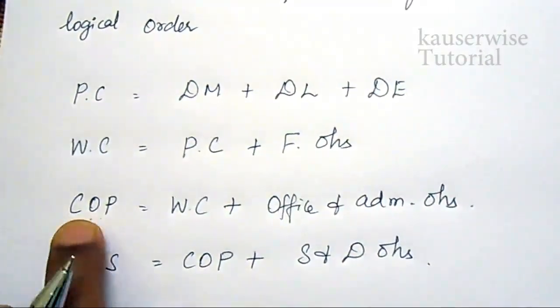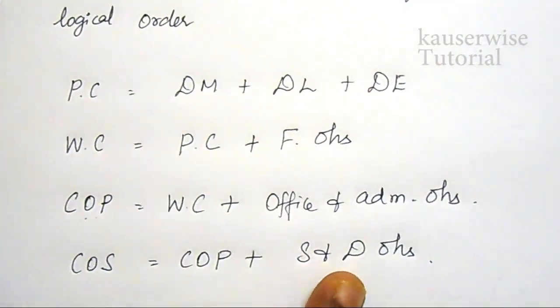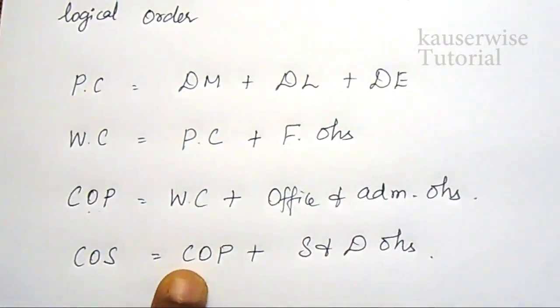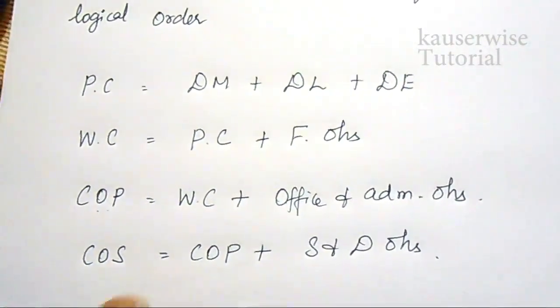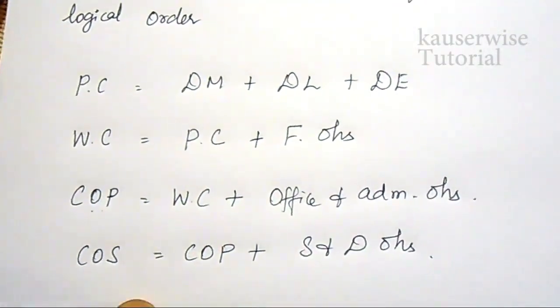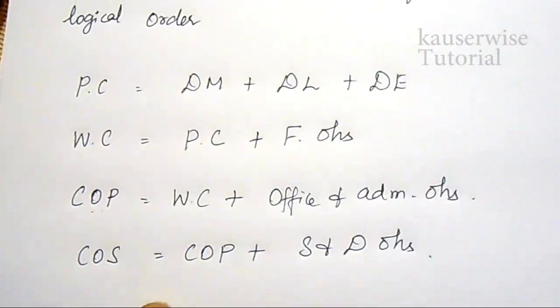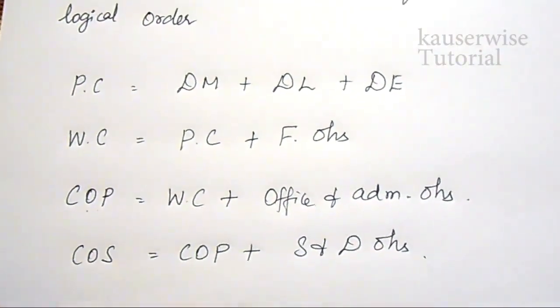After finding cost of production, we need to add selling and distribution expenses along with the cost of production. Then you will be getting cost of sales. So cost of sales is the aggregate of all the direct and indirect cost connected to the goods sold.